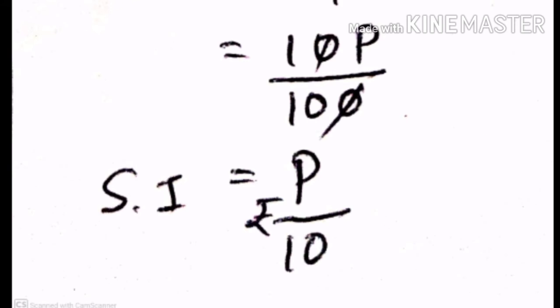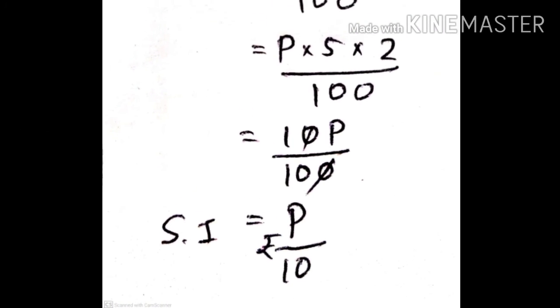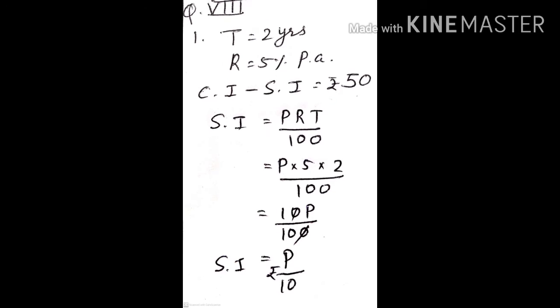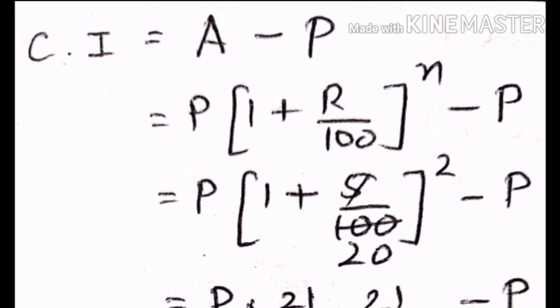Now similarly we can find our CI value also. CI formula is A minus P, in which the amount formula is P times 1 plus R upon 100 power n, minus P. Then rate and time values are kept, and solving we get 21 by 20 times 21 by 20 times P minus P. So 21 21s are 441p.